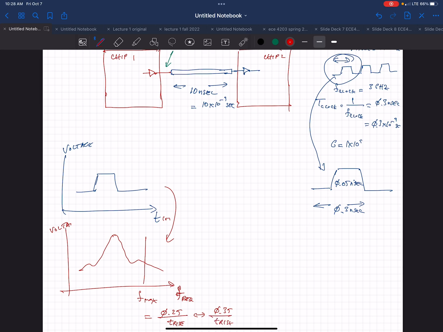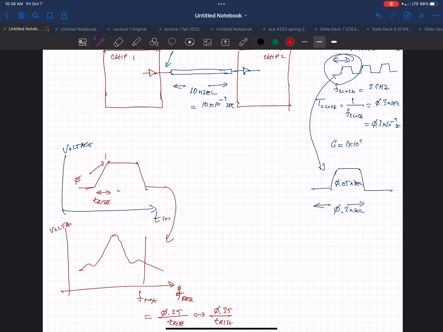And the rise time is the amount of time it took for the signal to rise from a 0 to 1, or 1 to 0 for a transition.